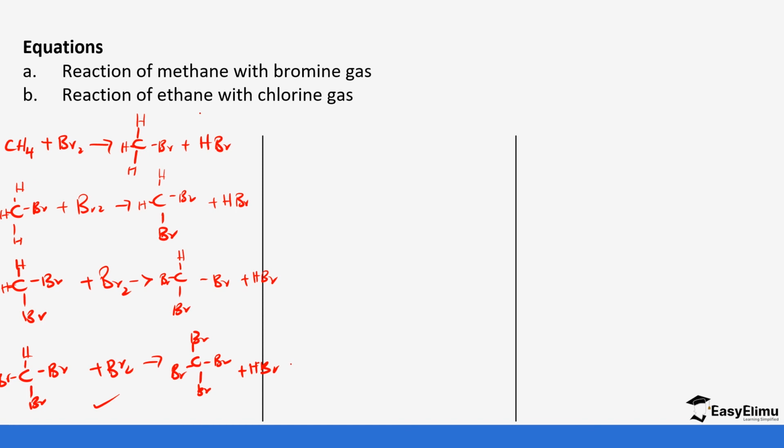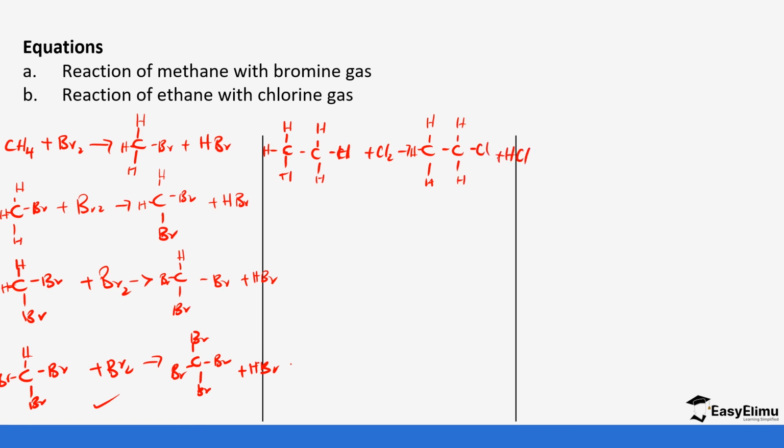So we can also do the reaction of methane with chlorine, but now only the first step. So only one hydrogen is going to be replaced. We can show that in the first step, to form hydrogen chloride.